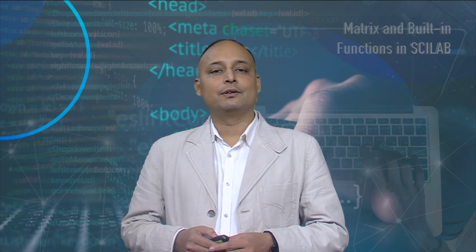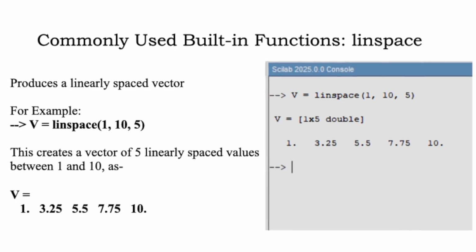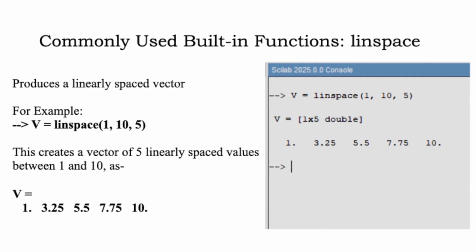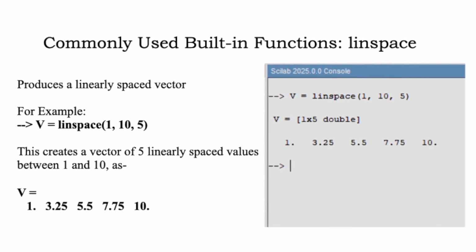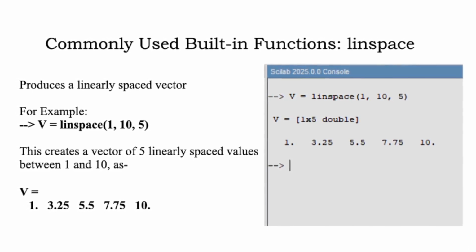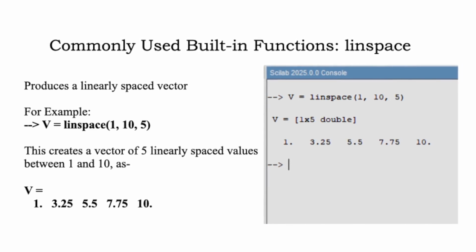The next built-in function that we are going to discuss is linspace, which produces a linearly spaced vector. For example, capital V equal to linspace within the bracket 1, 10, 5.